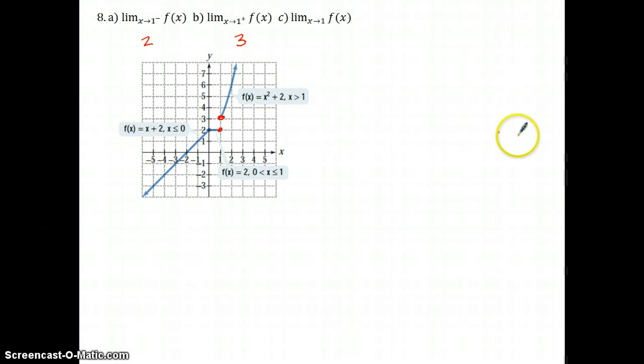There's no real y value of 3 there; there's a hole, but we are approaching that value. And because we don't approach the same thing from both sides, the limit as x goes to 1 does not exist. So I'm going to just write DNE there.